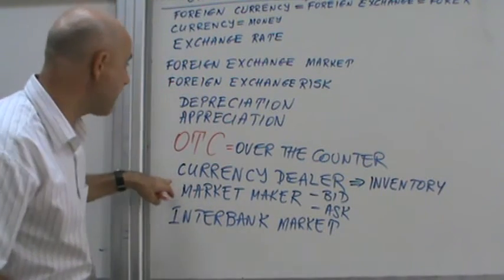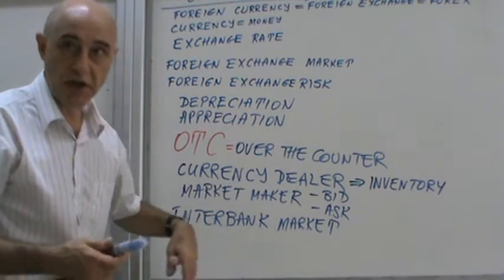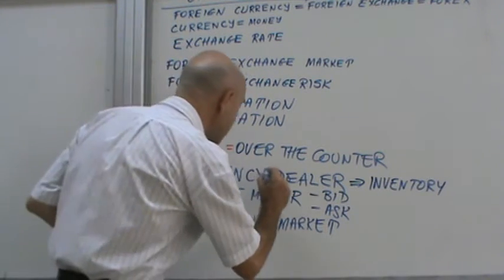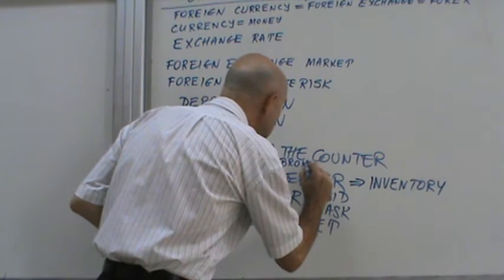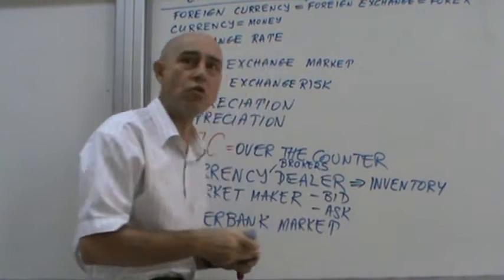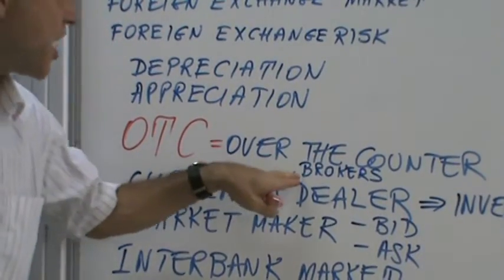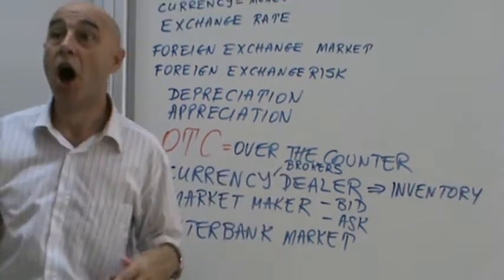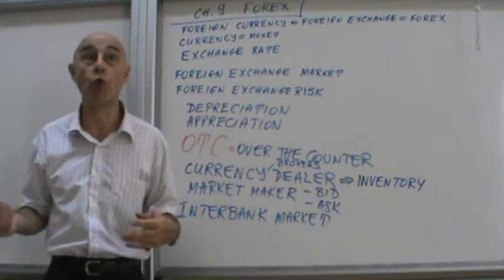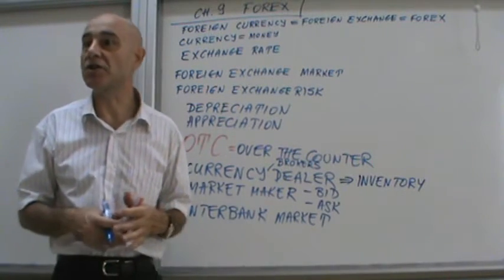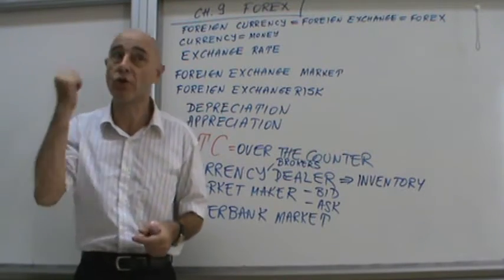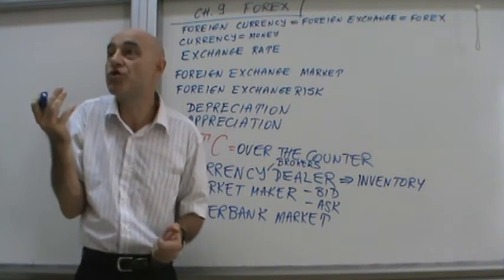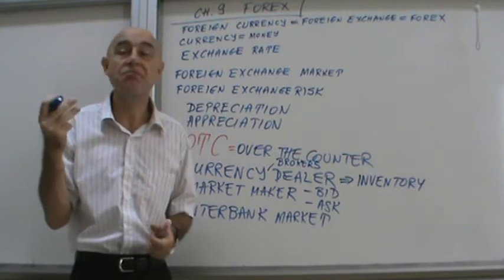You will have currency dealers, but you'll also have currency brokers. When you need to exchange big money, like $100 million or $1 billion, it is not very likely that you're just going to walk in a bank or call the bank and say, hey, I need to change $200 million.